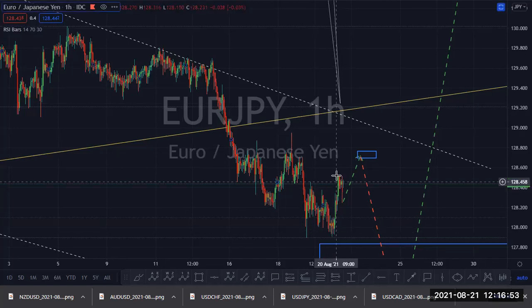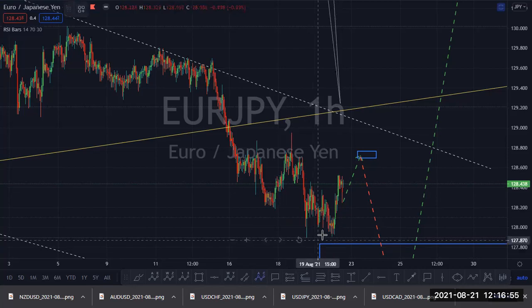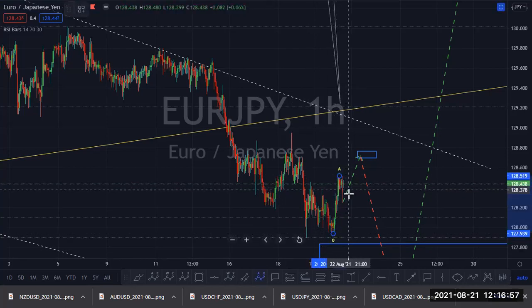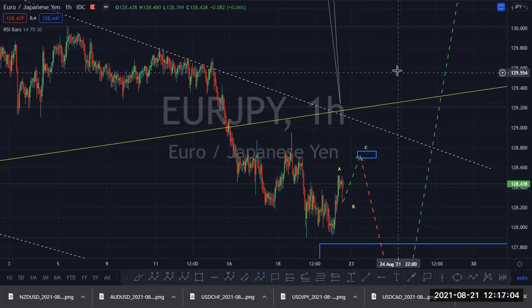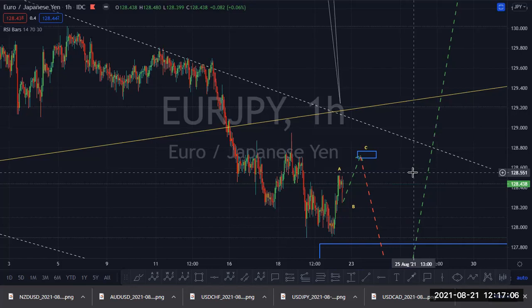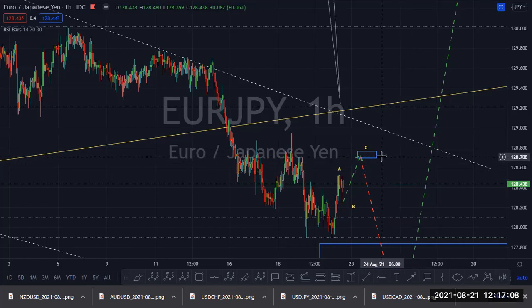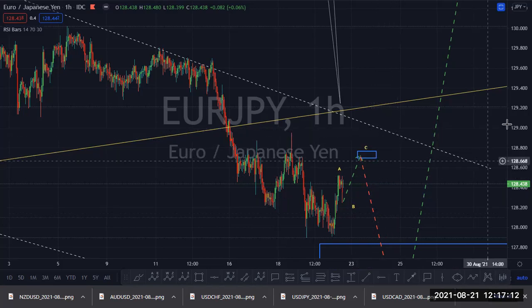So this is likely an A, B somewhere here, C. Then secondly, if we get a deeper move, then this C will come to this level before dropping.